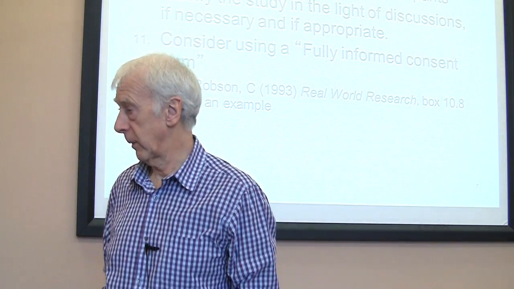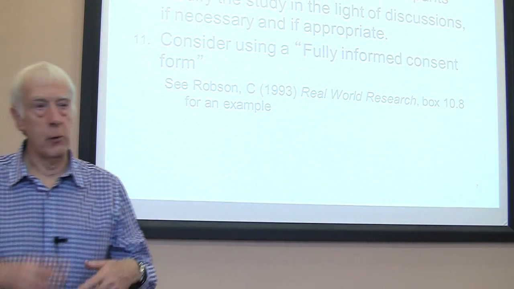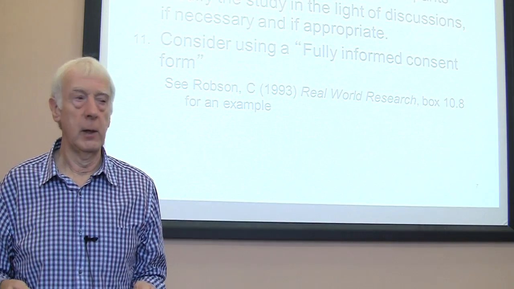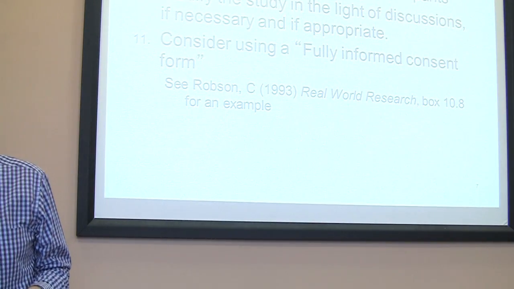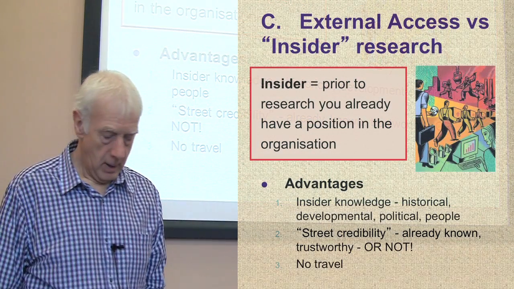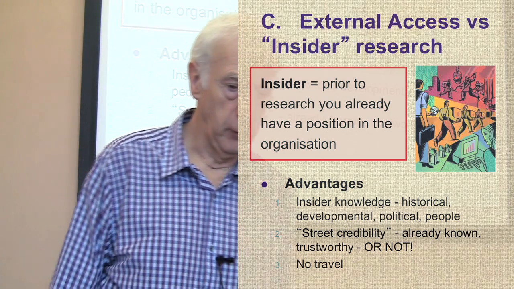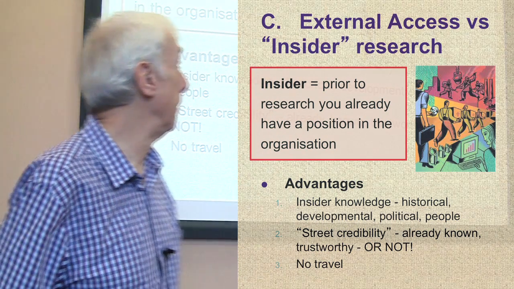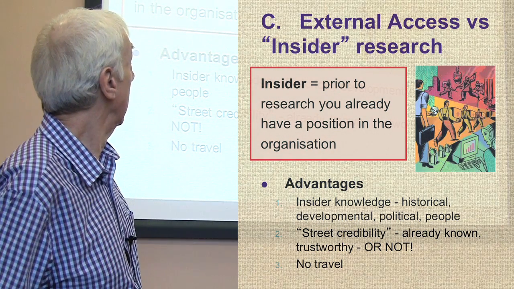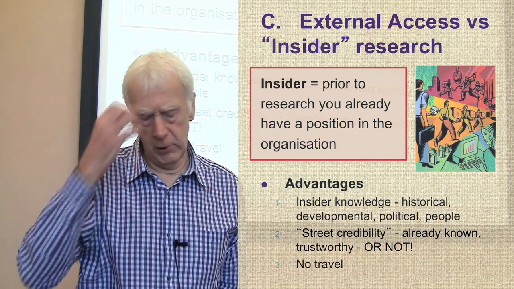Okay, so that's some of the access issues and negotiating access, negotiating with the respondents and so on. Another one of the issues which I had mentioned before, I think, at various points, is this one of insider and external access research.